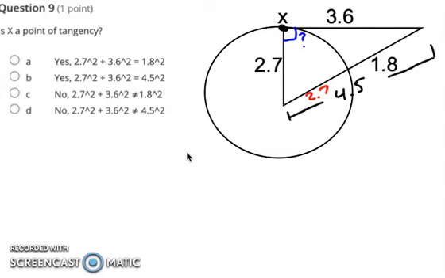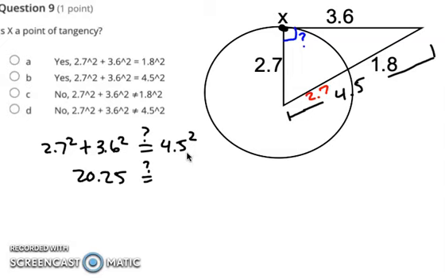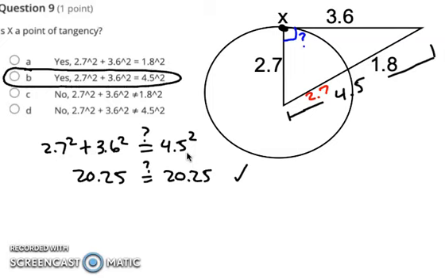So I want to look at 2.7 squared plus 3.6 squared. Is that equal to 4.5 squared? 2.7 squared plus 3.6 squared gives us 20.25. Is that equal to 4.5 squared? Yes, because that's 20.25. Since this is true, we can say yes, because 2.7 squared plus 3.6 squared is equal to 4.5 squared.